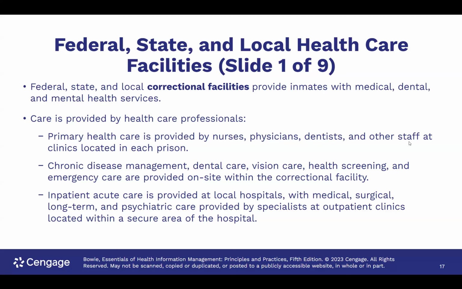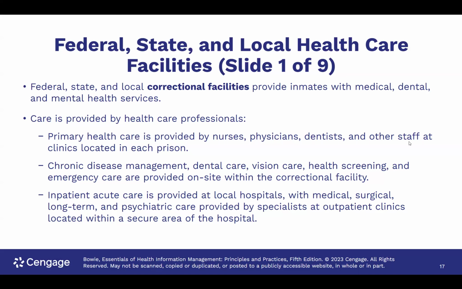These include nurses, physicians, dentists, oral surgeons, psychiatrists, and everything else. They deal with chronic disease management, dental care, vision care, health screening, and any other emergency care. Inpatient acute care may be provided at a local hospital, or there may be state mandated correctional facilities.